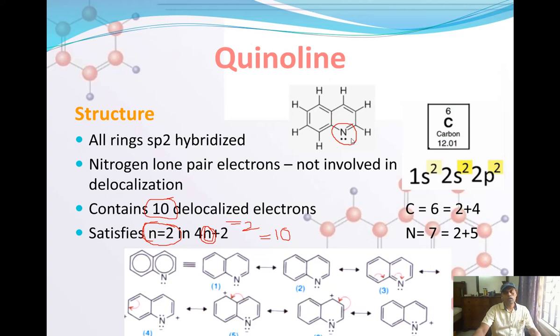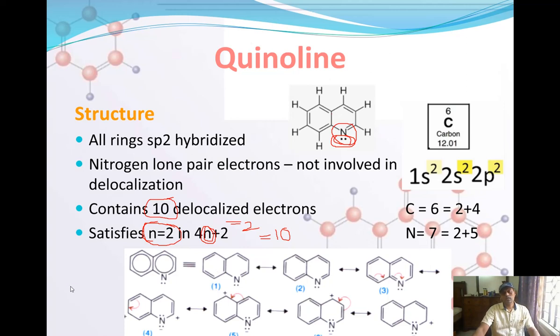And the nitrogen has one extra electron compared to the carbon; that extra electron will be in one of the sp2 hybridized orbitals, and that is what is shown here. This is the lone pair of electrons in one of the sp2 hybridized orbitals. Other than that, the ring is flat. It is in cyclic form. It is flat, it has those delocalized electrons, and it satisfies the Huckel rule. That's why it is an aromatic compound.